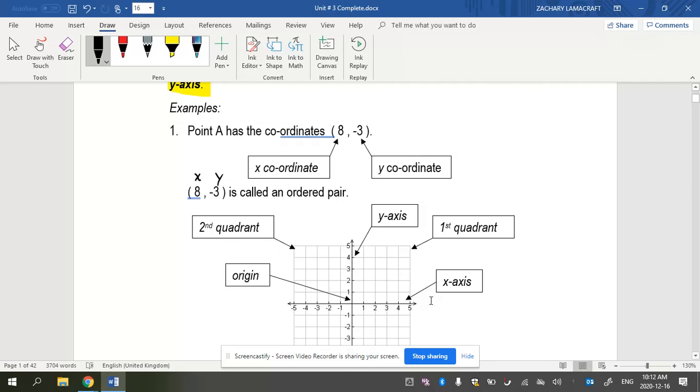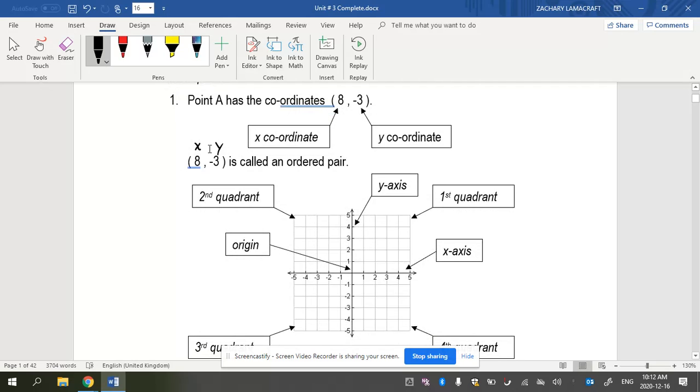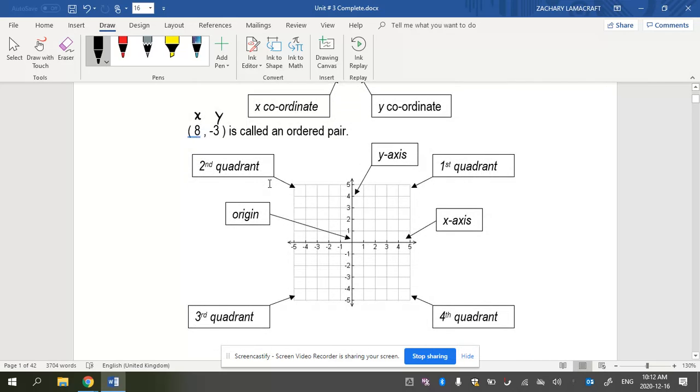If I know my first number is the x-axis, I would go along this x line, and this being 6, 7, and 8, it would come out here. So that would be 8 on the x-axis. And -3 would be 3 down on the y-axis, 1, 2, 3. And wherever those two things intersect is where that ordered pair would be.